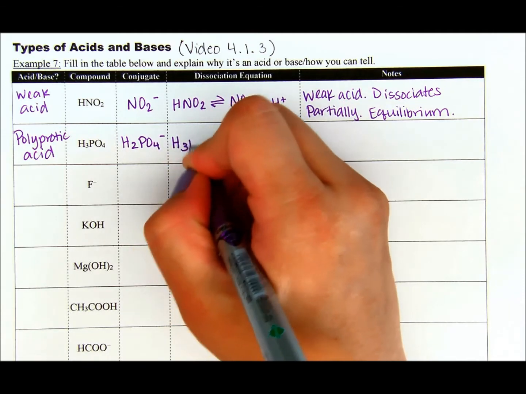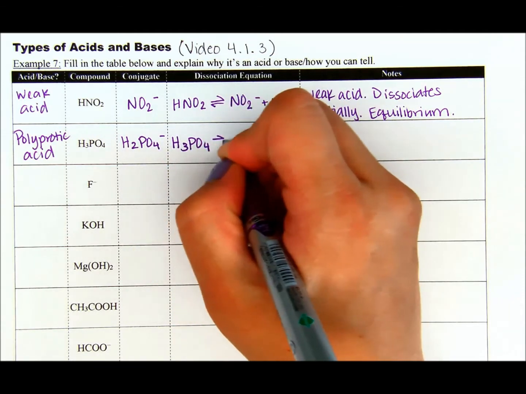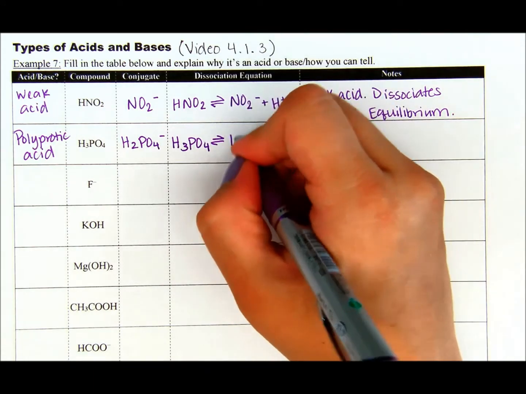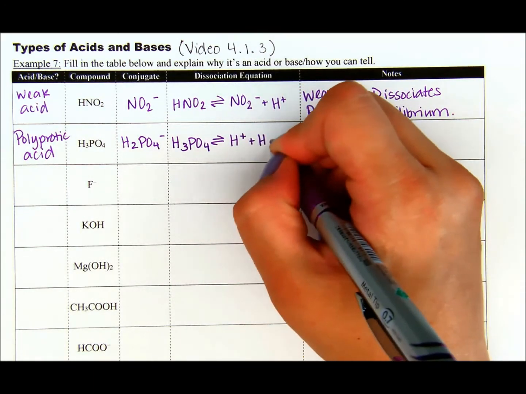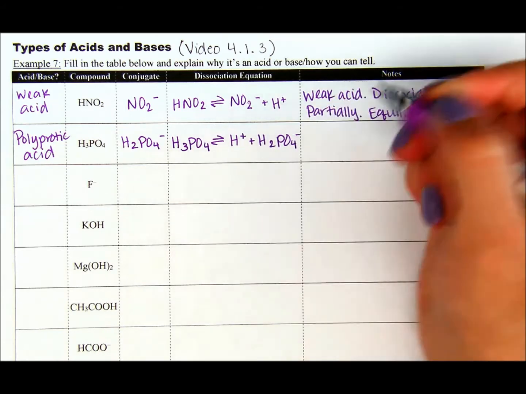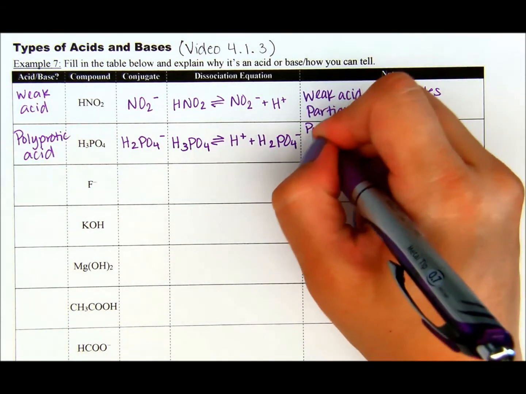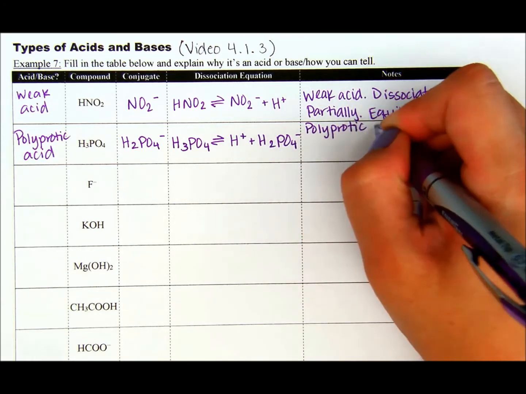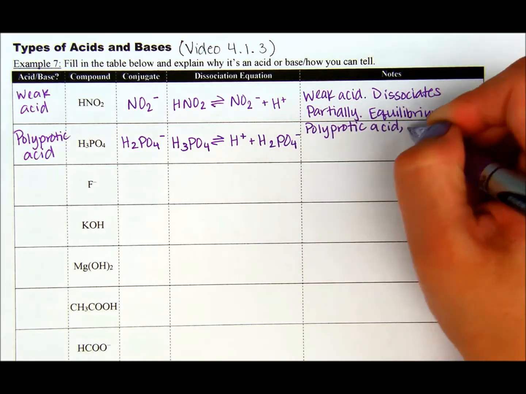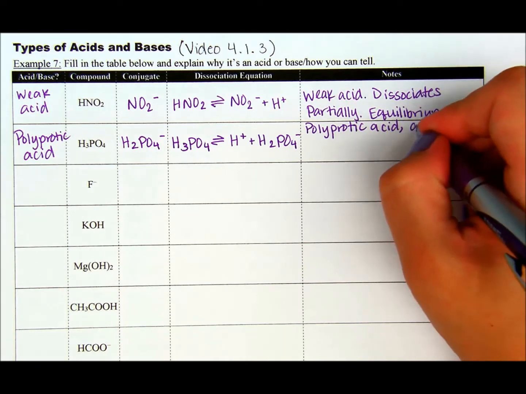So H3PO4, and again, since this is weak, it's going to be in equilibrium. And it gives off an H plus and an H2PO4 minus. So this is polyprotic, right? Polyprotic acid, and it has several H plus to remove.